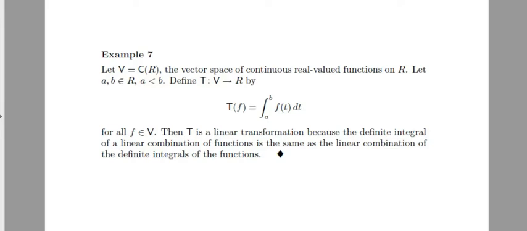Now we can break this into the integral from a to b of f(t) plus the integral from a to b of g(t) dt. Also T of cf is equal to the integral from a to b of cf(t) dt. C being a scalar can come outside, so this is equal to c times the integral from a to b of f, which is equal to c times T of f. So this T will come out to be a linear transformation.